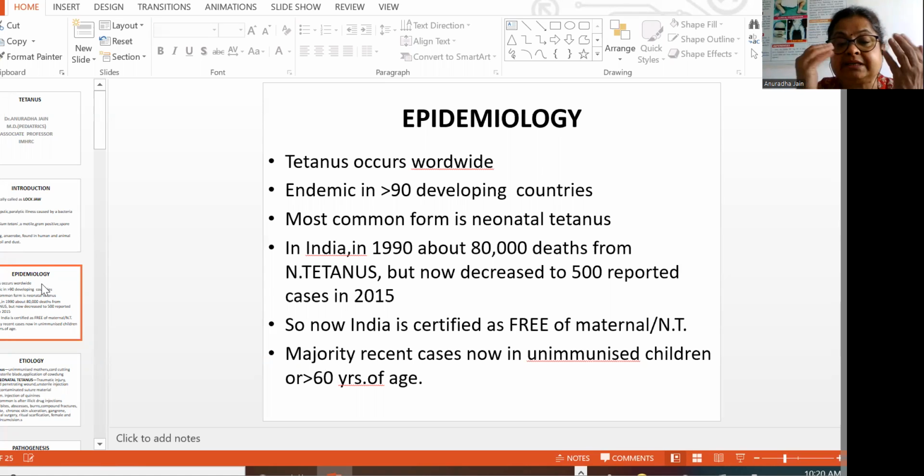See that tremendous decrease from 80,000 to 500. That is the revolution due to vaccination. So now India is certified as free of maternal and neonatal tetanus. Majority of recent cases are now in unimmunized people more than 60 years of age.